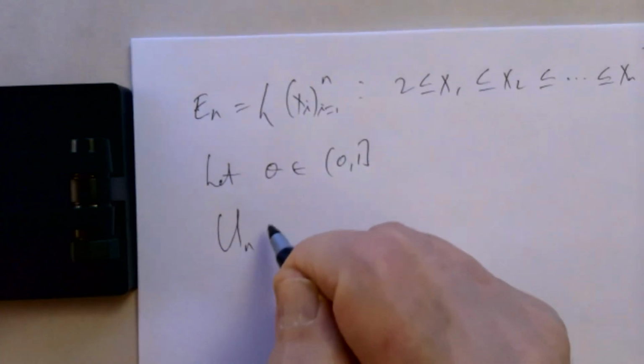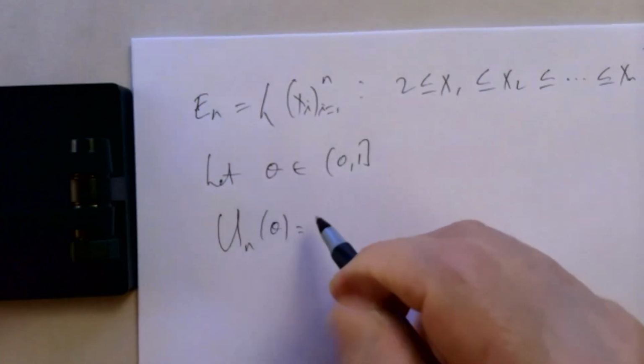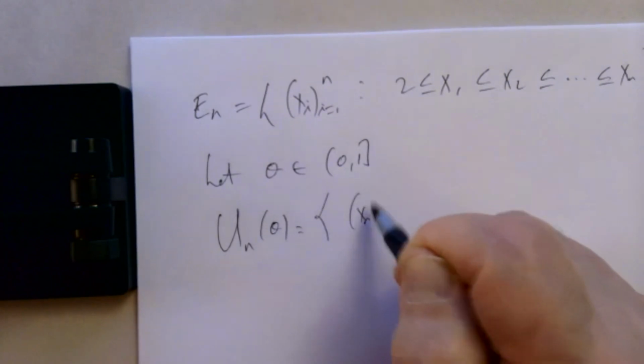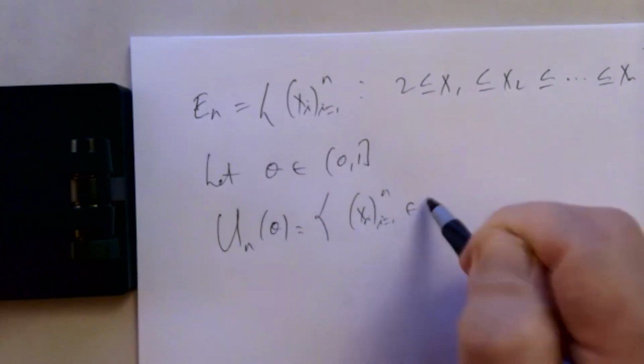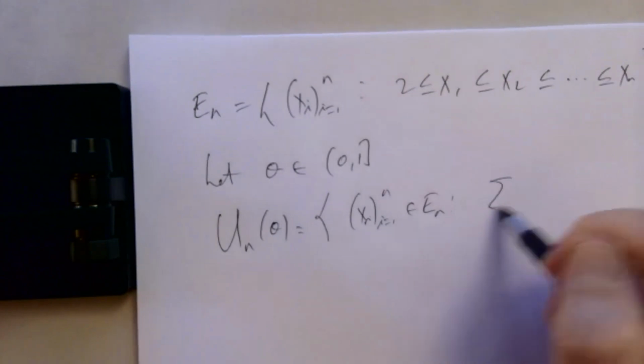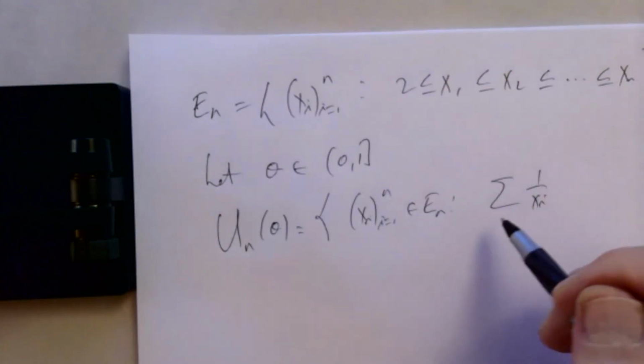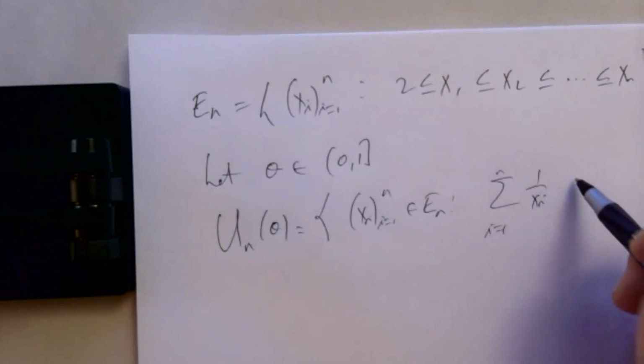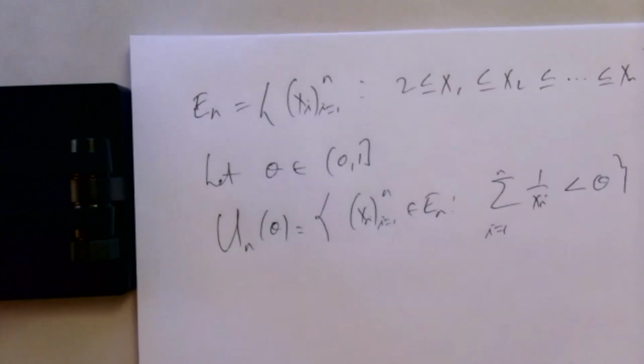So U sub n of theta is going to be the set of all these n-term sequences such that the sum of the reciprocals, the sum of the Egyptian fractions, is less than theta.